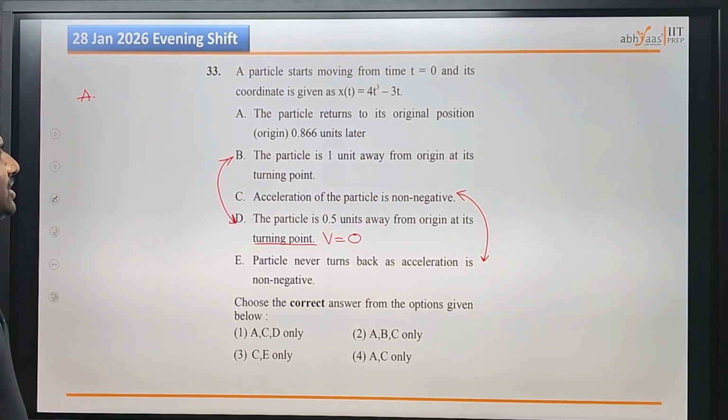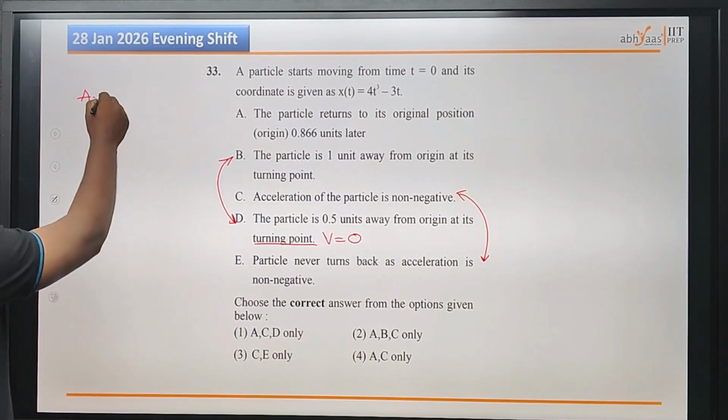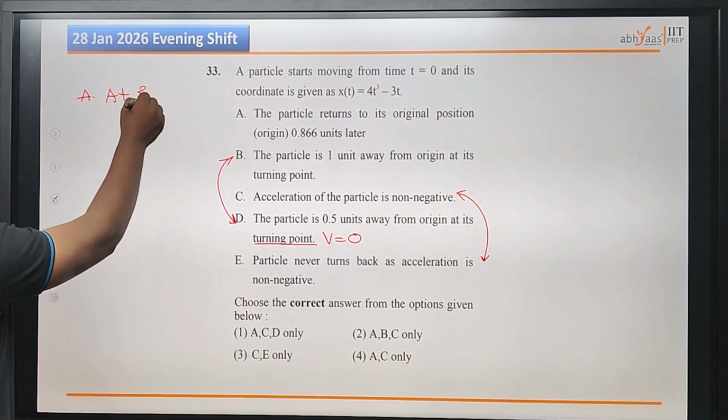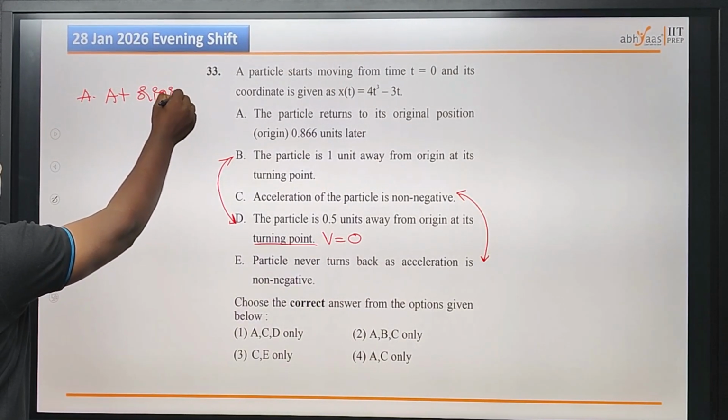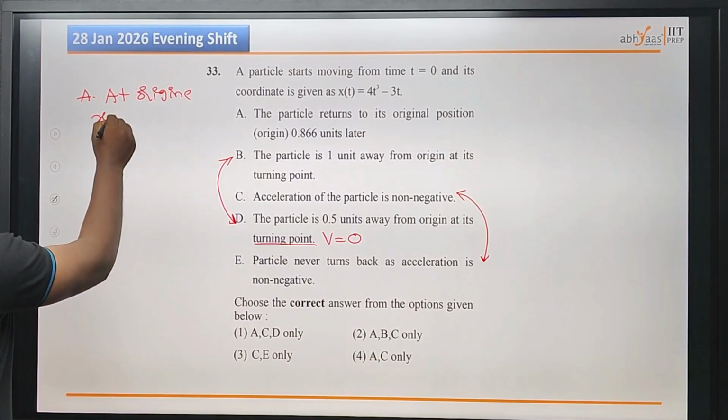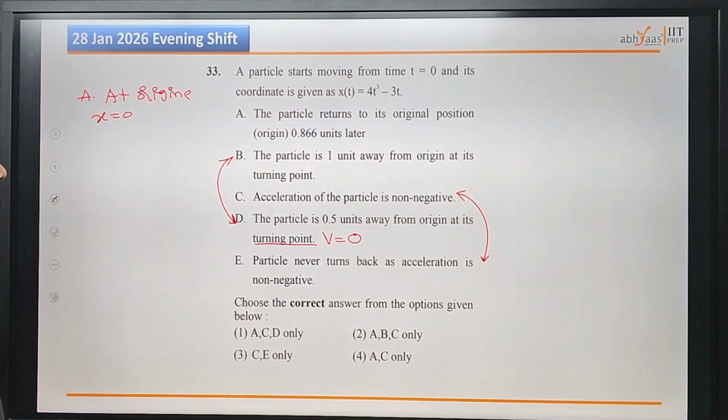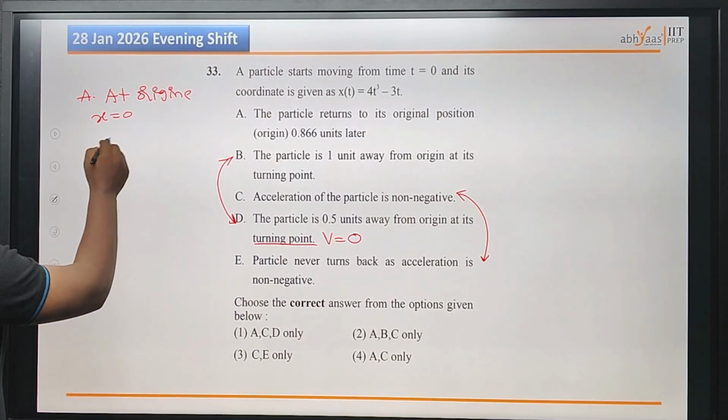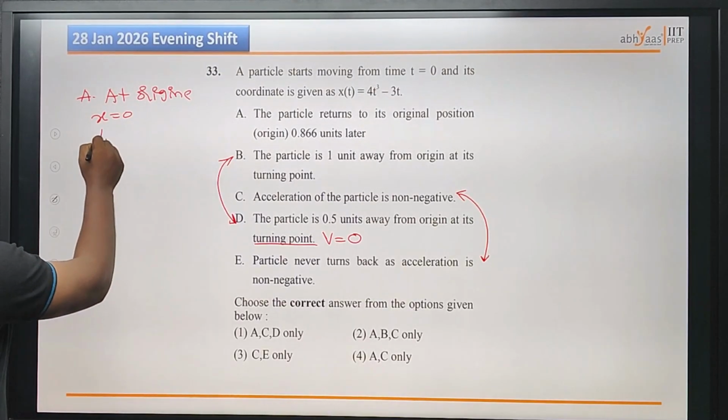The particle returns to its original position. Assume it is at the origin, x equal to 0, then t is also 0.